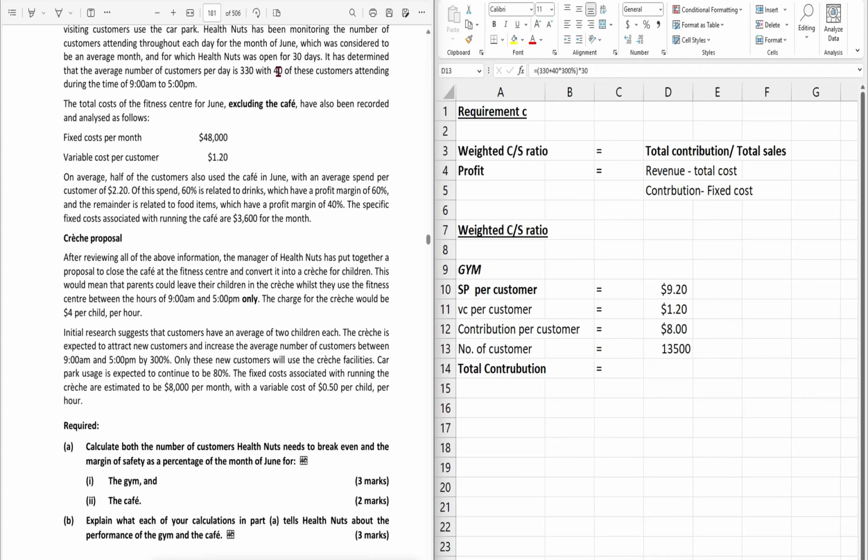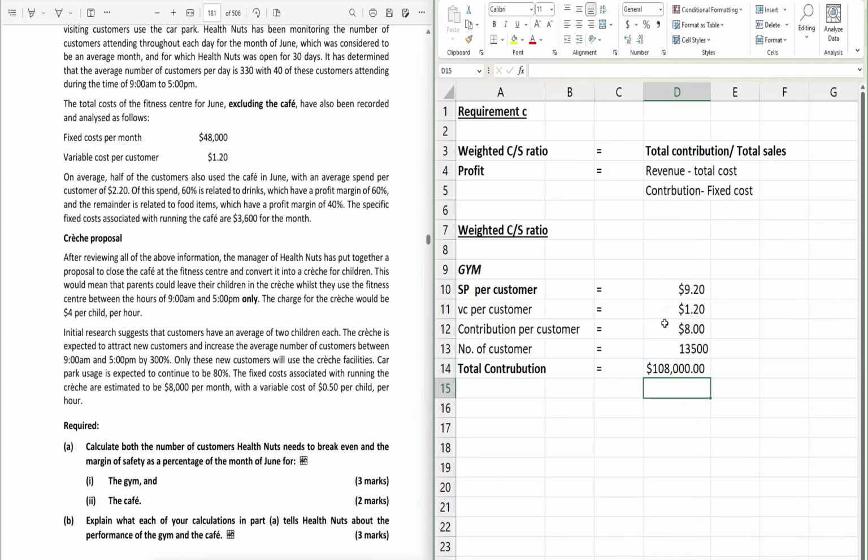So that means 40 into 300 percent we need to do, and I need to add this to the 330, and the same thing I have done, but this is per day, so that's the reason I have multiplied it by 30 in order to get it for the month. Okay, so now we will get our total contribution, and that would be 10800.